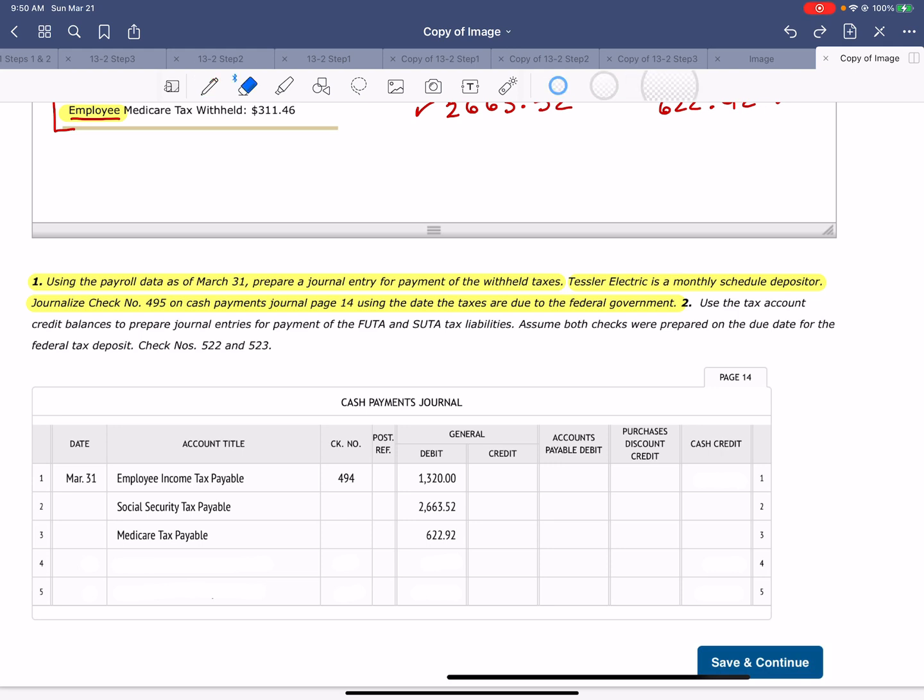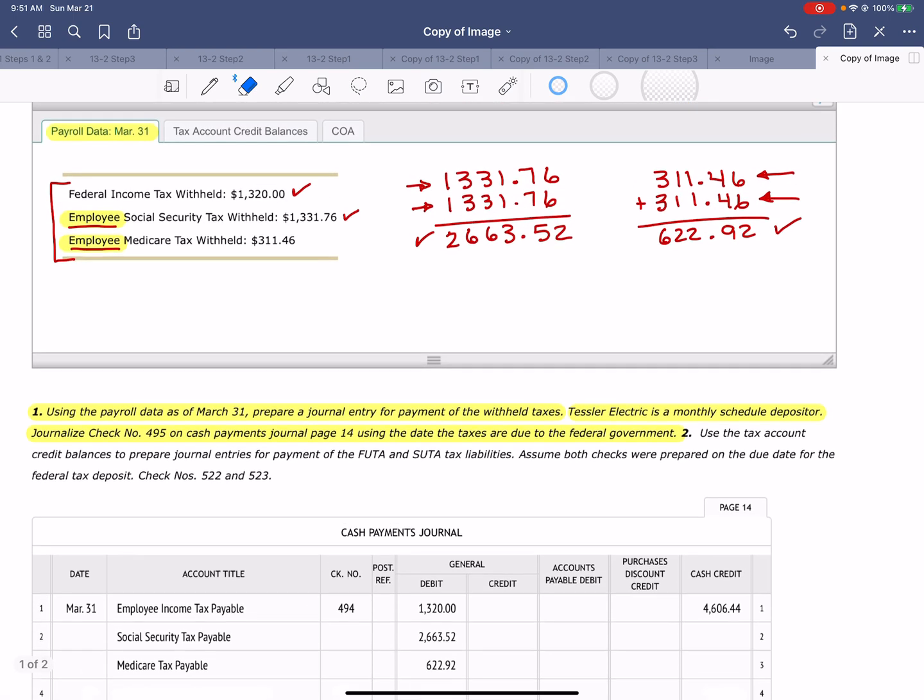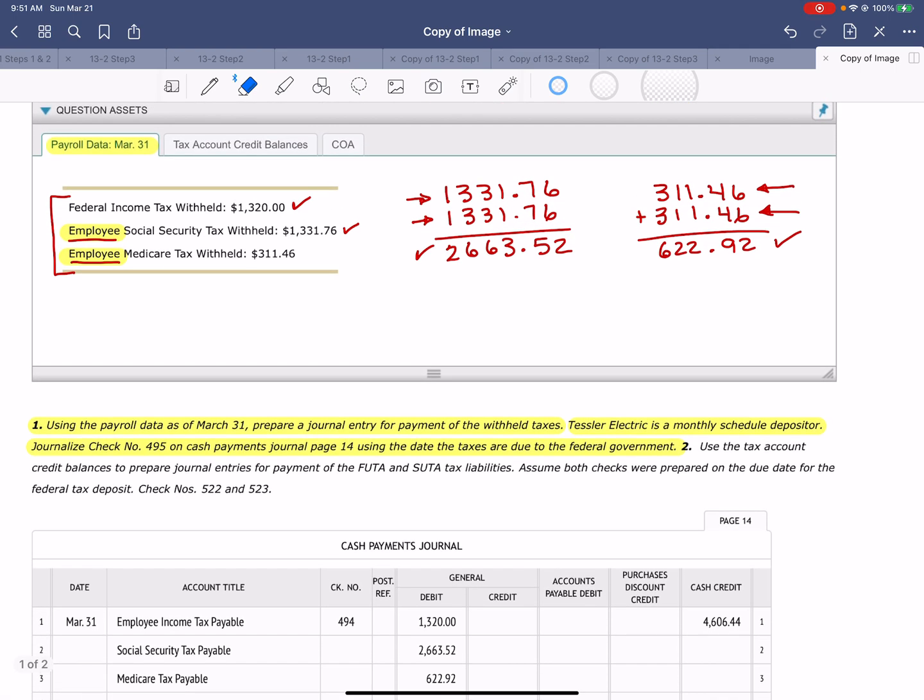So with that in mind, we will credit $4,606.44. So that is journalizing employees' income tax, Social Security, and Medicare. And again, we have to double the Social Security and Medicare because part of it is the employees, part of it is the employers.